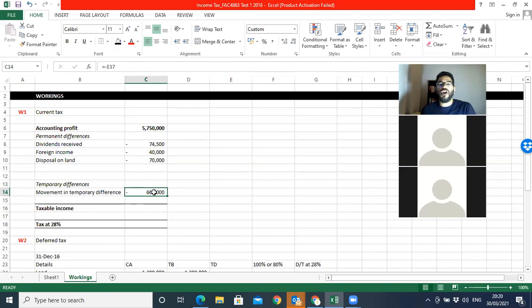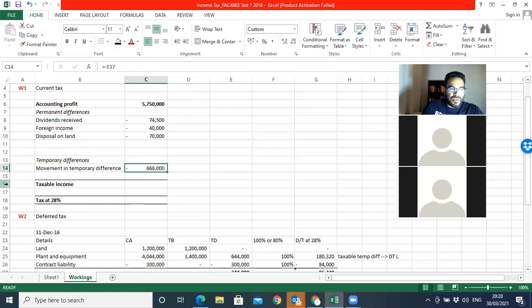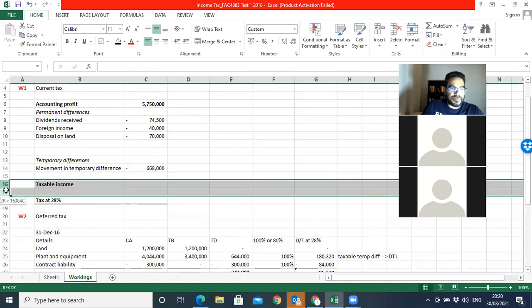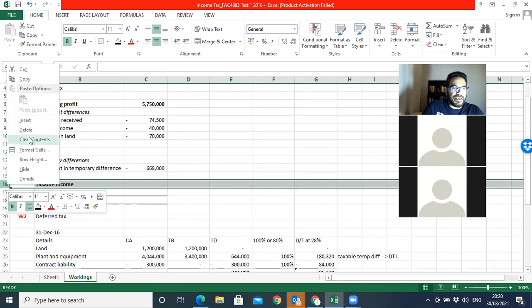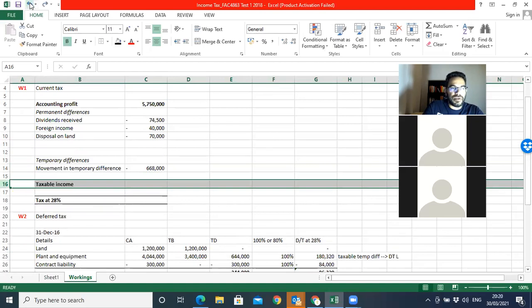Please make sure you take the 100% line item and not the 28% line item. So that we'll do over there. Sorry, let's undo this.